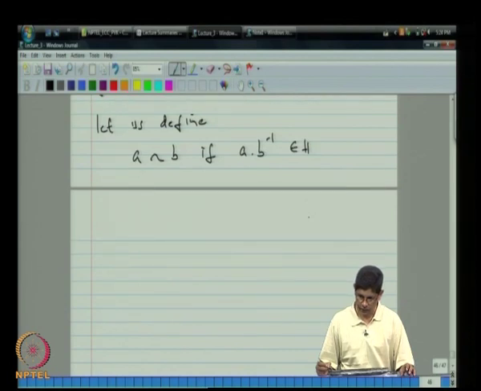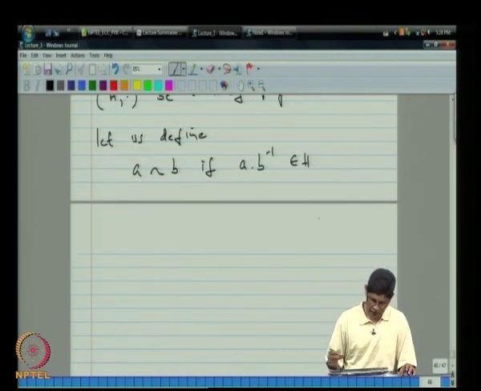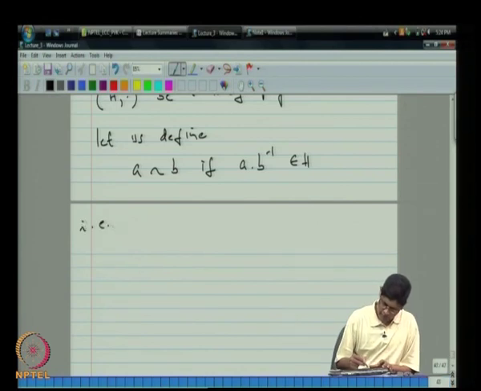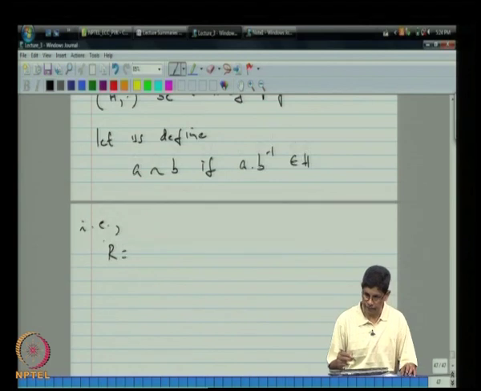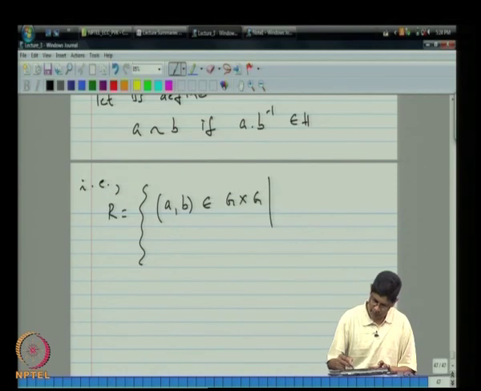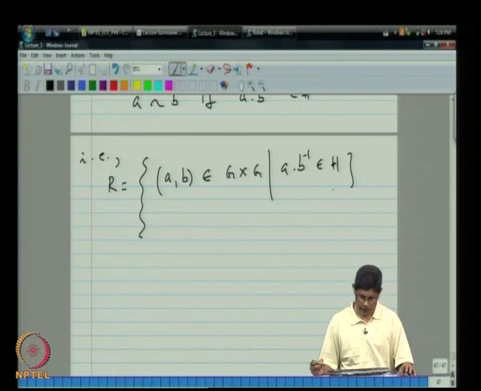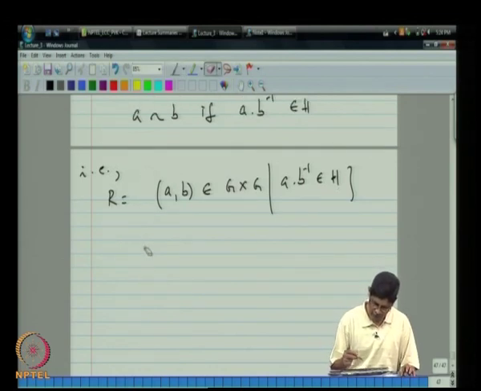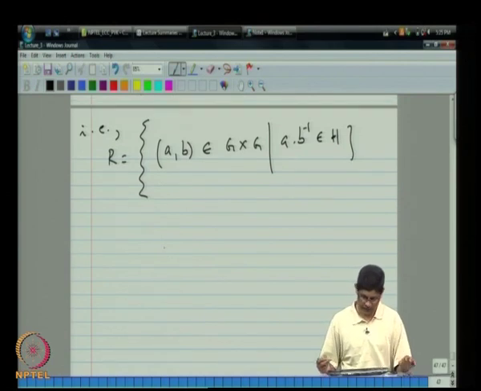Right. Now, in other words, R is the set of all pairs A, B in G cross G such that A times B inverse belongs to H. Now, what I would like to convince you is that this is an equivalence relation.